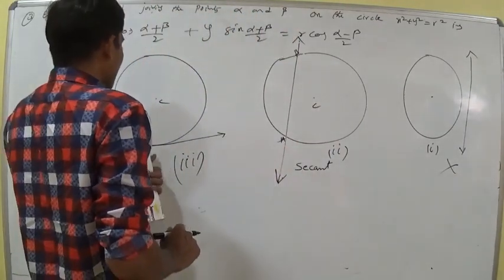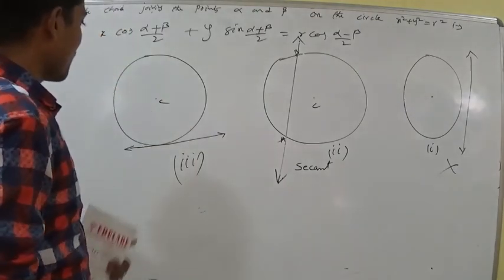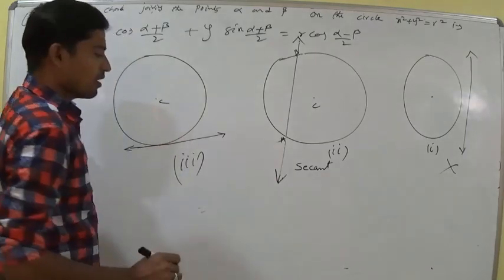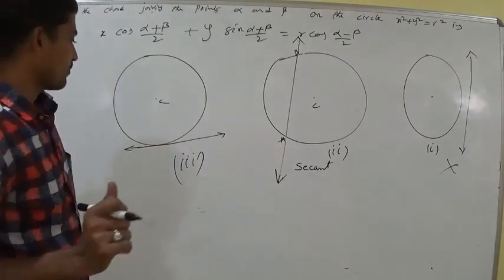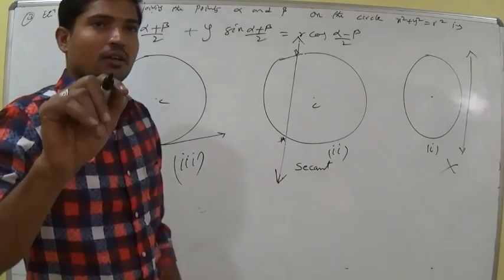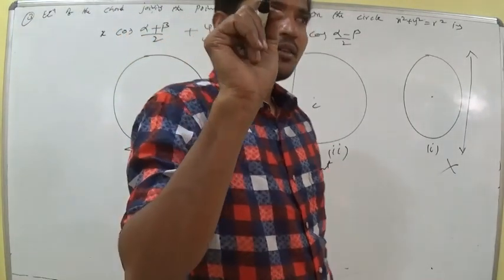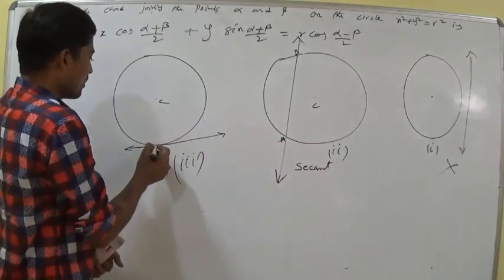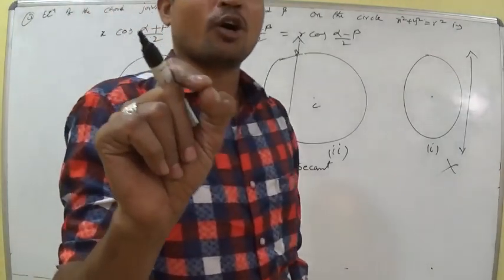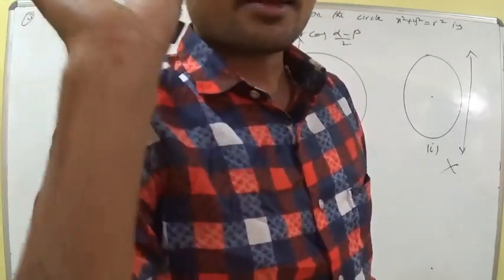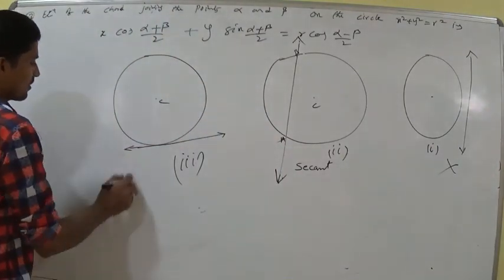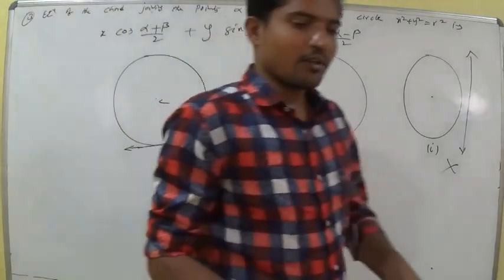Now here this line touches the circle at one point. The circle and line are having only one common point, then that line is called a tangent to the circle. Try to understand clearly.